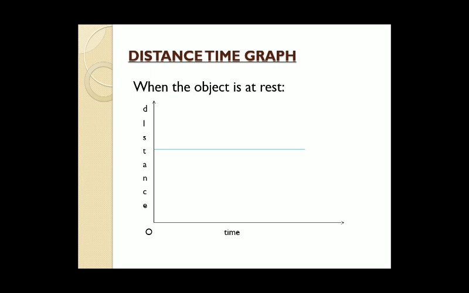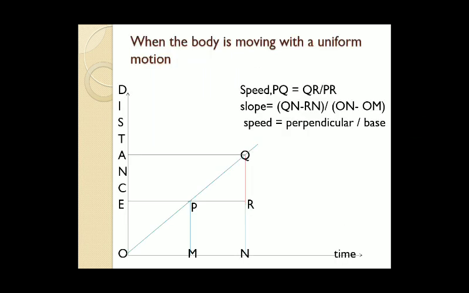It means if the distance time graph of a body is a straight line parallel to the time axis, then that graph represents the object at rest, or the speed of the object is 0. Next graph, when the body is moving with a uniform motion.